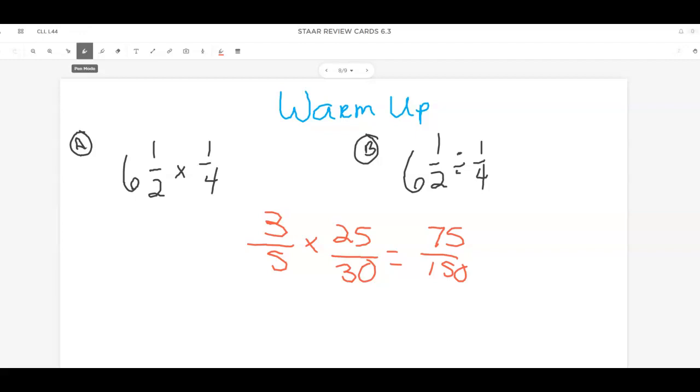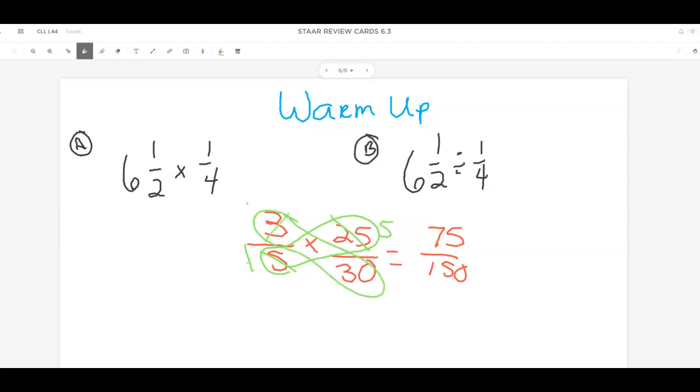But if I simplified first, I would look at the 5 and 25 and be like, oh, I can divide both of those by 5. 5 divided by 5 is 1. 25 divided by 5 is 5. And then 3 and 30 can both be divided by 3.